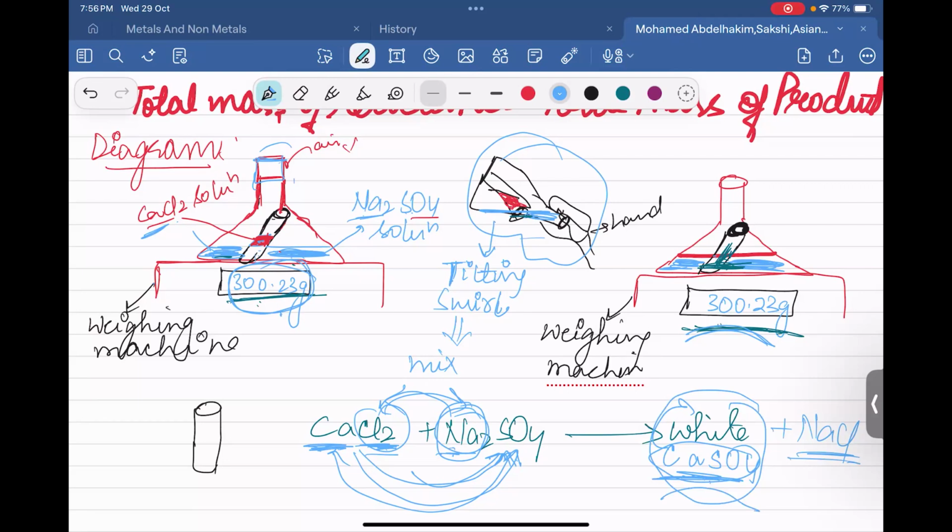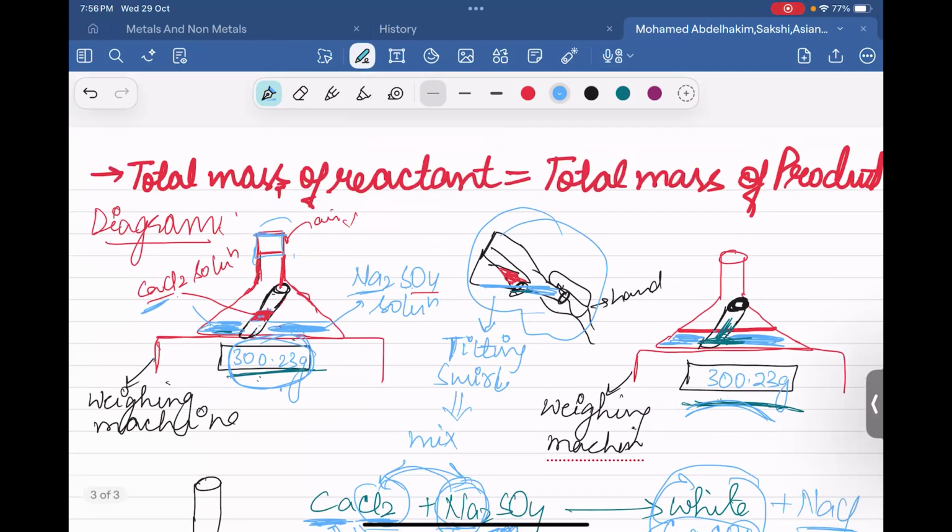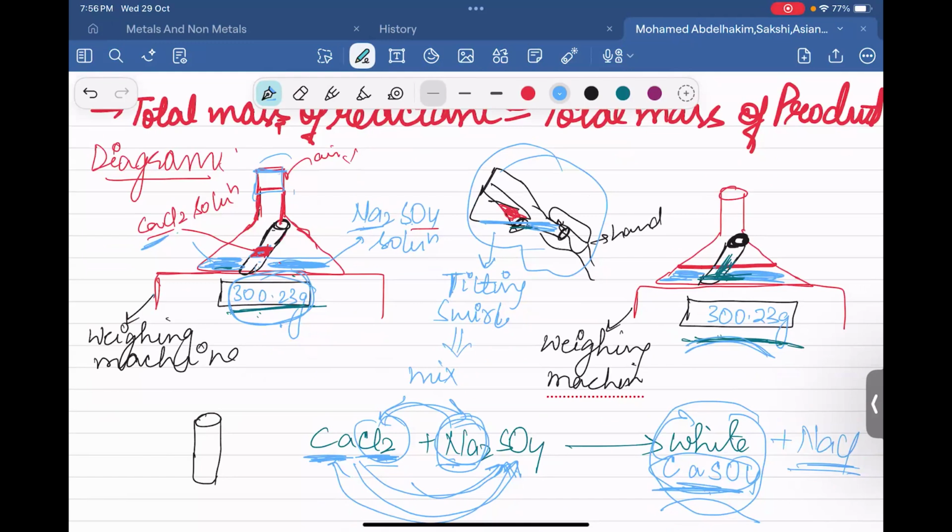Got it? Yes, ma'am. Basically, they just want to demonstrate that in any chemical reaction, if you take two reactants, here sodium sulfate and calcium chloride, before starting the reaction they have a total weight of 300.23 grams.